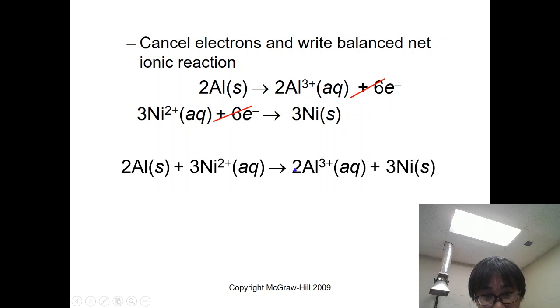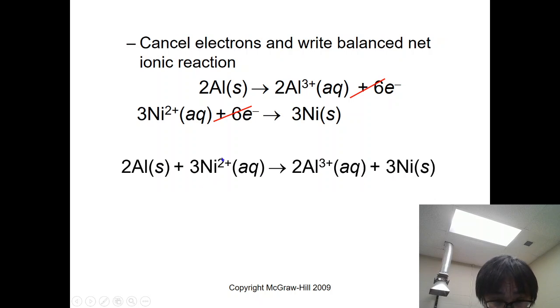So that right there is a redox reaction in a complete form, which means that everything is conserved. So 2 aluminum, 3 plus, 3 nickel 2 plus becomes 3 nickel, right? And then the number of species are conserved, right? Number of atoms: 2 aluminum atoms, 2 aluminum atoms, 3 nickel atoms, 3 nickel atoms.